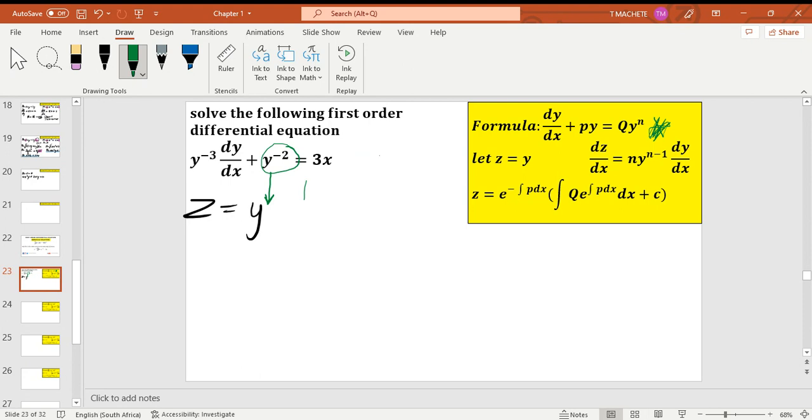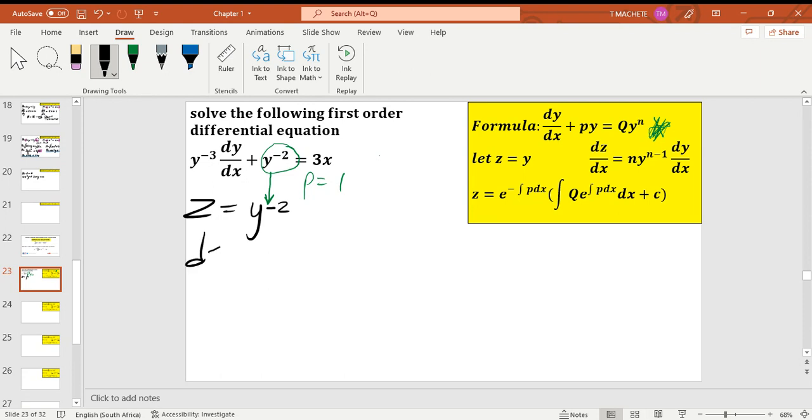Remember I said p equals 1. P is that one in front of that y there. So the value that you're going to put there is this one. So you say z equals y to the power minus 2, always.